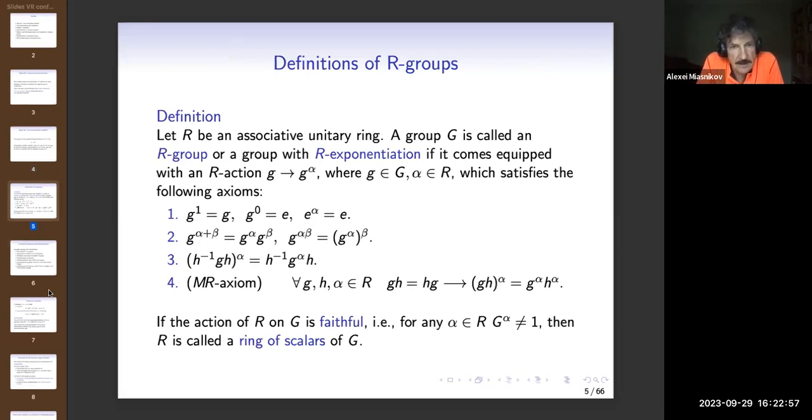So this is the standard definition of R group. Let R be an associative unitary ring, arbitrary, maybe non-commutative. A group G is called an R group or group with R exponentiation if it comes equipped with an R action, which I will write also as exponentiation: g goes to g to the alpha, where alpha is an element from the ring, satisfying the following axioms.